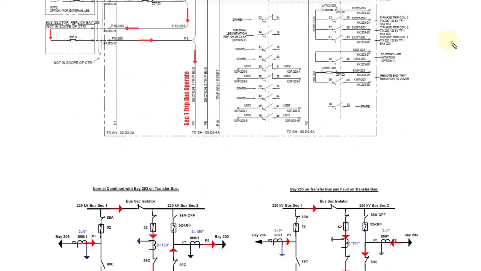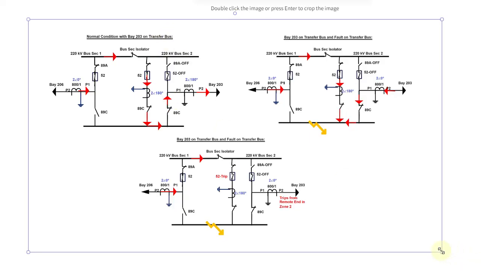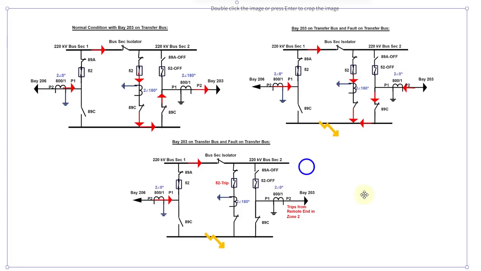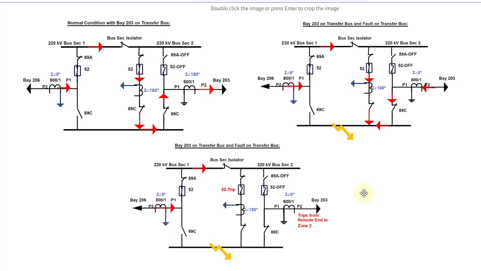Now we'll see what happens when we transfer a bay onto the transfer bus. We'll zoom in on this diagram. There are 3 diagrams in this slide. In the first one, we have put bay 203 on the transfer bus.